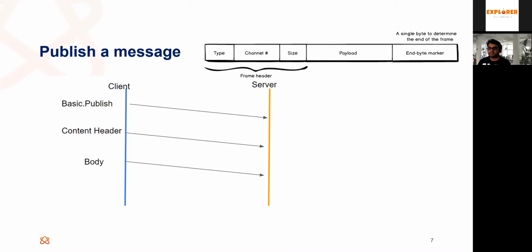So that is a little of what is happening internally within the Advanced Message Queuing Protocol. But the really good thing is that we don't have to worry about these frames, how to create a frame, or what the message pattern is. There are client libraries already provided by RabbitMQ, and those client libraries do that for us.